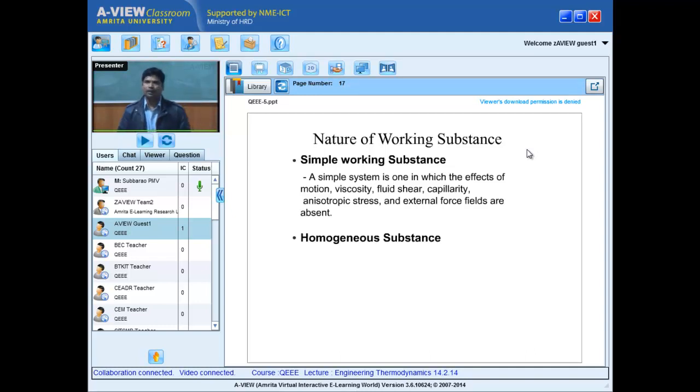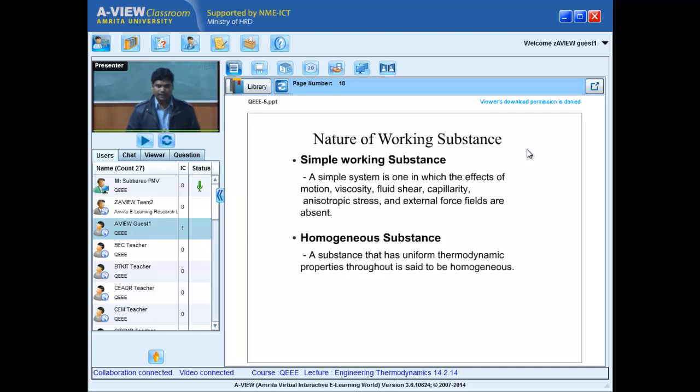Most of the time, whenever I say it is a pure substance inside a system, it could be homogeneous, though there are exceptions. We can take examples as we go ahead. So a substance with uniform thermodynamic properties. Homogeneity refers to the spatial variation, from the inlet to the exit, one corner of the system to another corner.